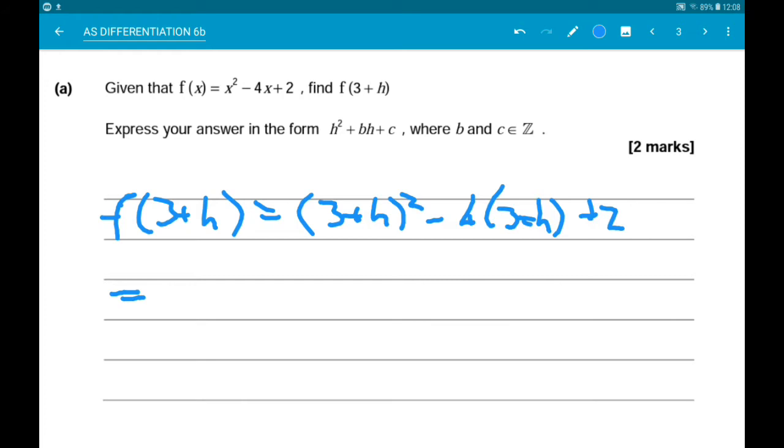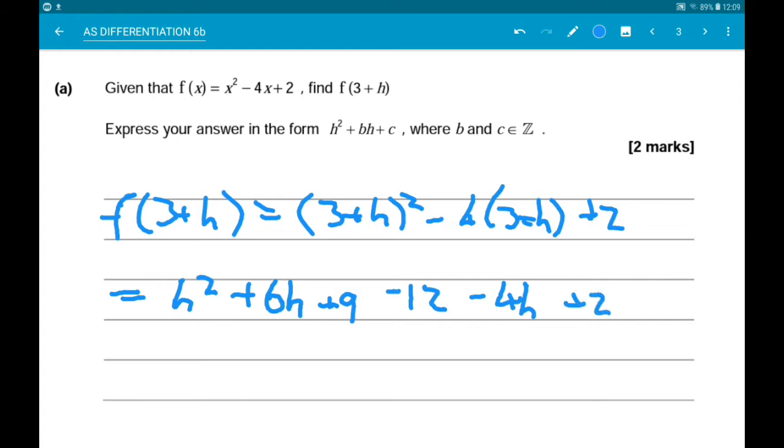So, we are going to get h squared add 6h add 9, minus 12, minus 4h, plus 2.